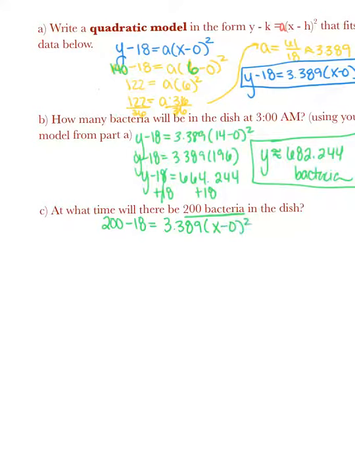So when I'm solving this one, I take my 200, I subtract my 18, giving me 182, equals 3.389. And then x minus 0 is just an x quantity squared. So now I'm going to divide by the 3.389 to get the x squared by itself.